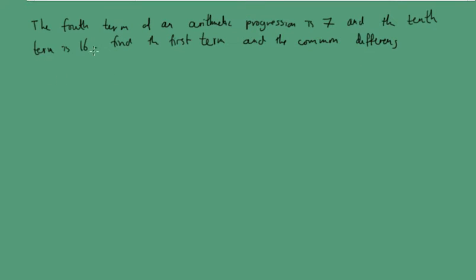So let's think about the fourth term first. That equals 7. So this implies 7 must equal a, which we don't know, plus 3d because it's n minus 1. And the 10th term is equal to 16. So this implies 16 is equal to a plus 9d.